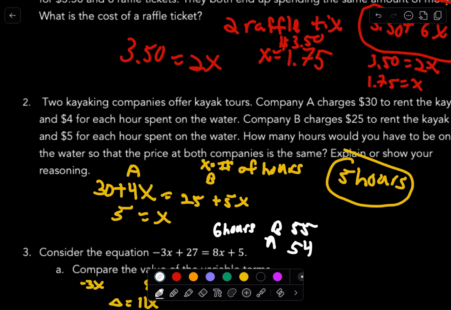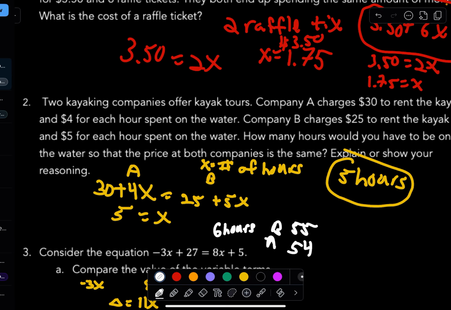So Company A, if you go more than 5 hours, will end up being cheaper because the hourly rate makes up for the difference in the initial cost. Okay? So just ways you can reason with this.